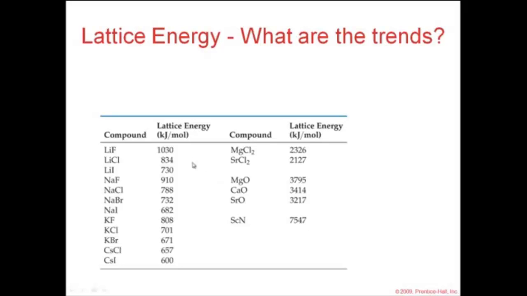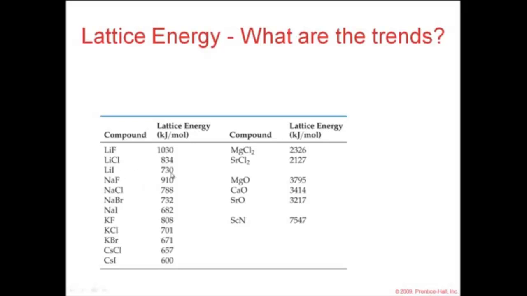Now the other thing we can look at is, let's say, lithium chloride, fluoride, and iodide. If we look at fluorine, chlorine, and iodide, as we go down this group in the periodic table, what's happening here is this ion is getting larger, right? I'm adding another shell. So the distance between the lithium nucleus and the chlorine nucleus is further apart, so they're less tightly held.